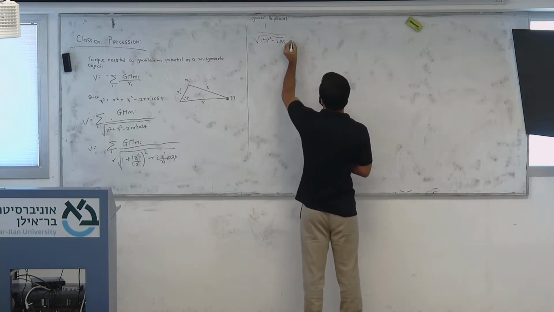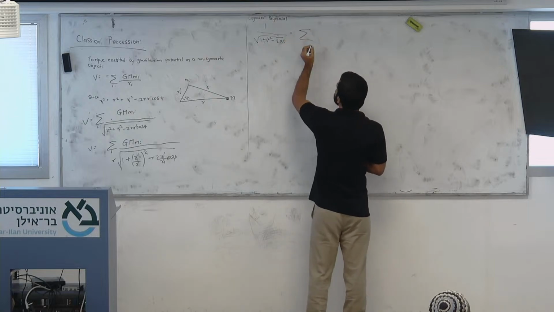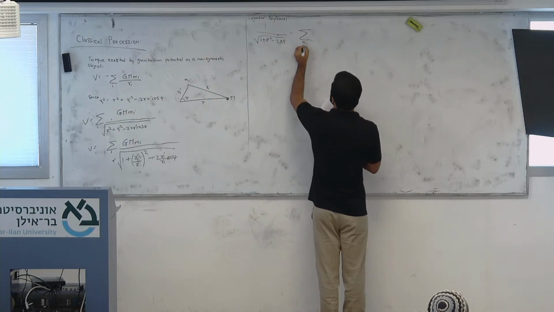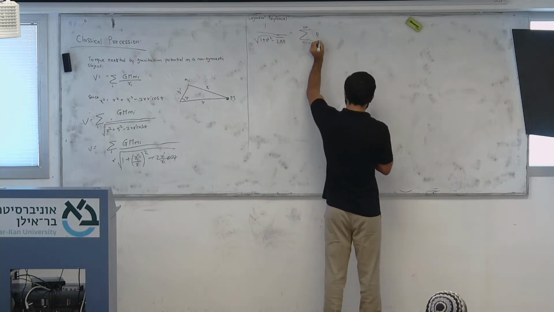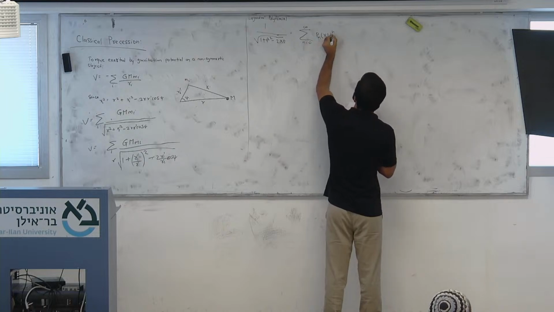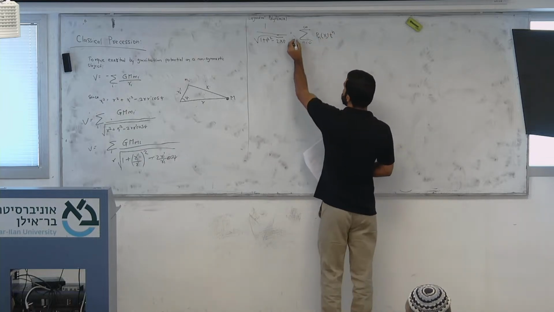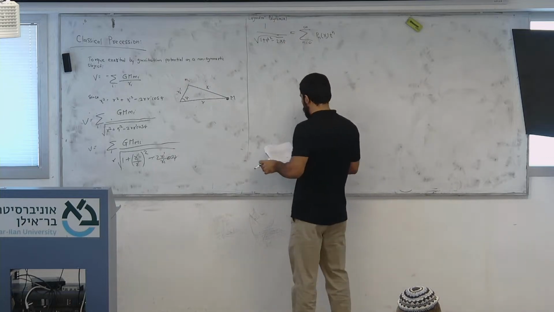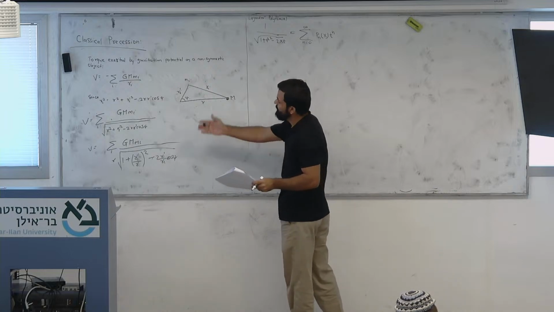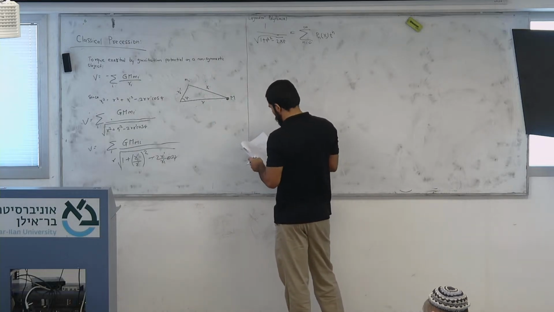How do I write this? As the sum over n from 0 to infinity of Pn(x) t^n. Okay. Now use this and write this thing in here.